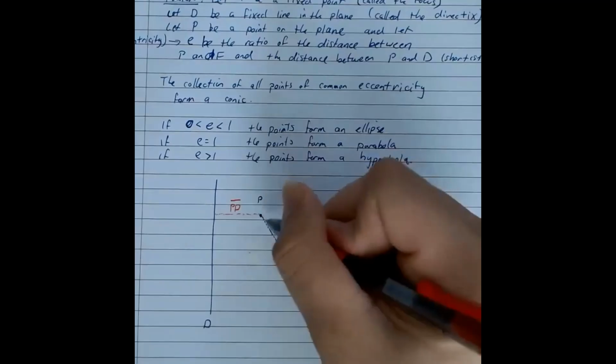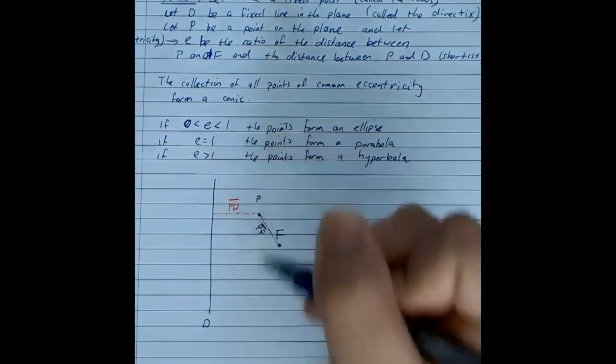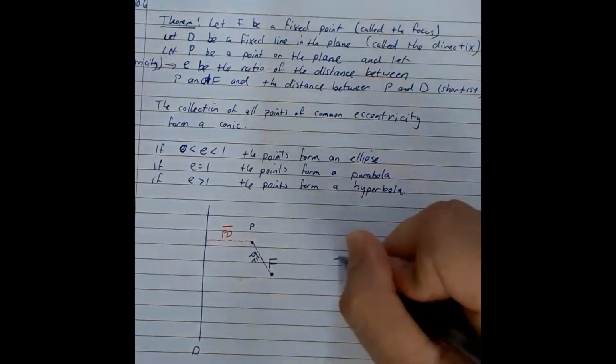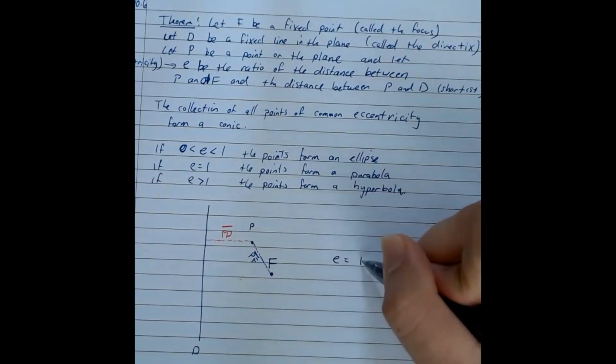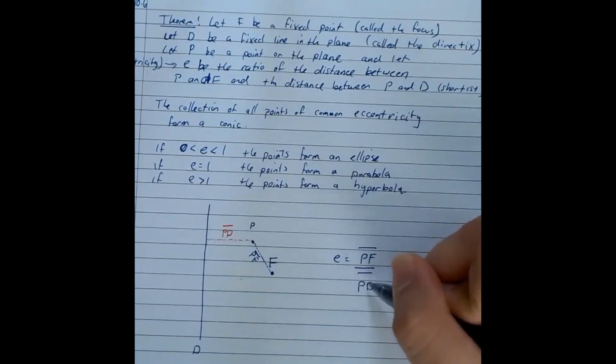And here, this is the line PF. The eccentricity is simply the ratio of PF to PD. So E is given by the ratio PF, the measurement of that line, divided by the measurement of PD.